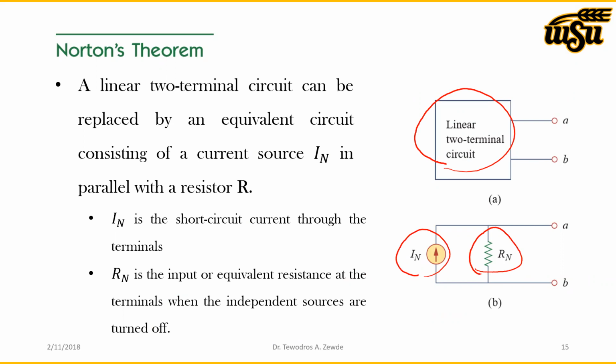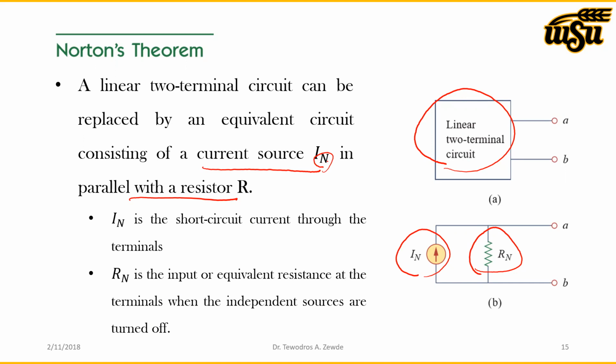So any linear two-terminal circuit or network can be replaced by an equivalent circuit consisting of a current source IN in parallel with a resistor R. In this case we put N to show that it is the current for the Norton equivalent circuit.